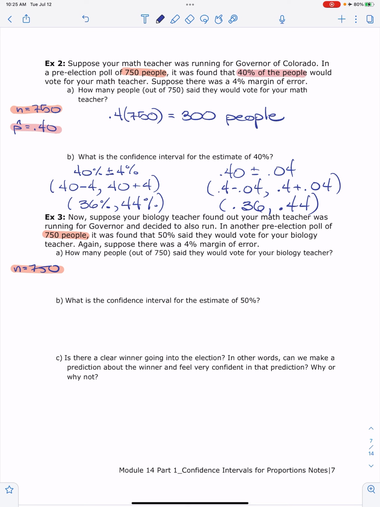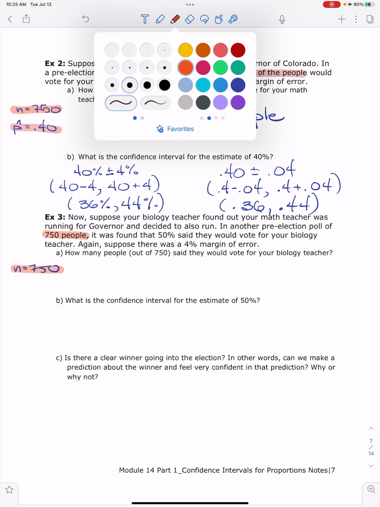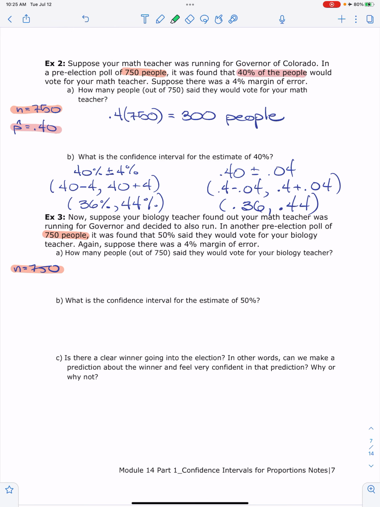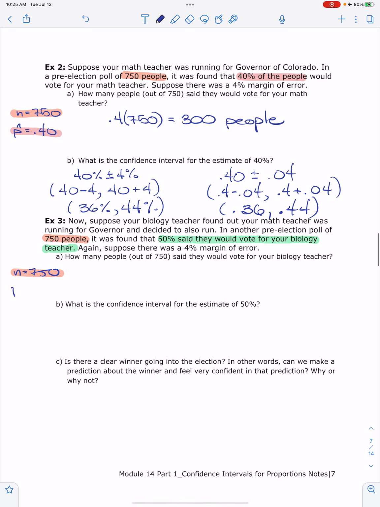Here, it was found that 50% said they would vote for your biology teacher. So here, our sample proportion, our p hat, is that 50%, 0.5.